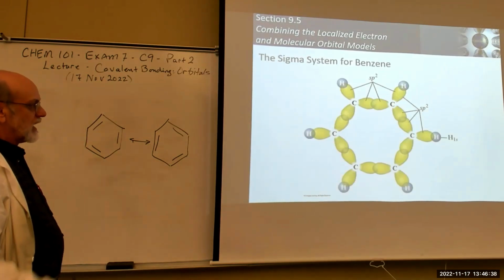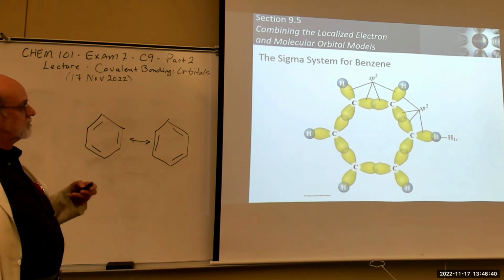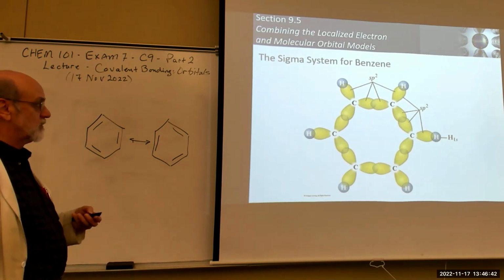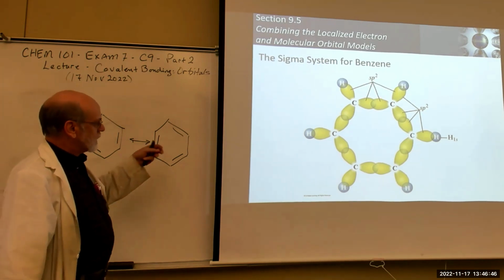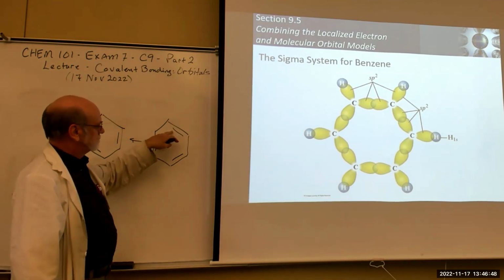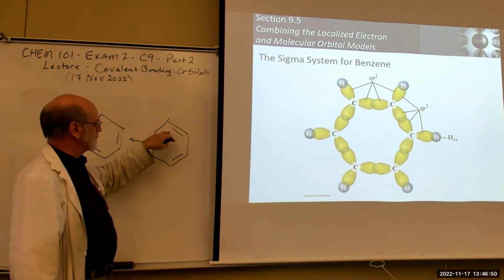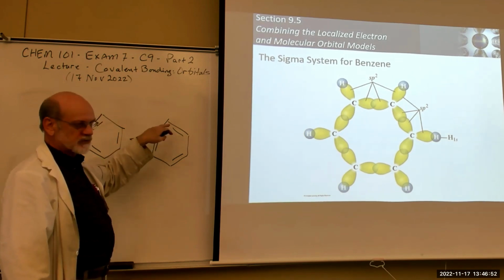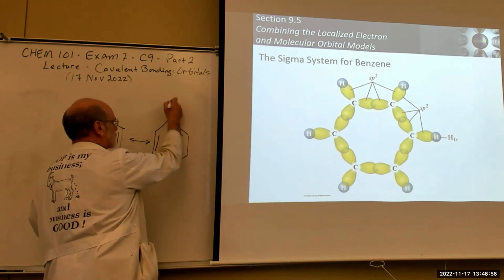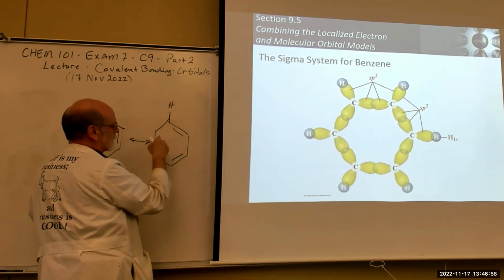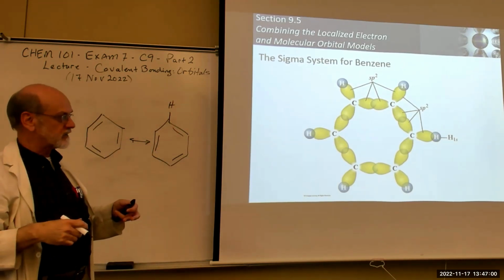So what does that look like in terms of our localized electron model? Well, we find that we have sp2 hybridization on each one of these carbons because there are 3 groups. There's a hydrogen, 1, 2, 3, so we have sp2 hybridization.